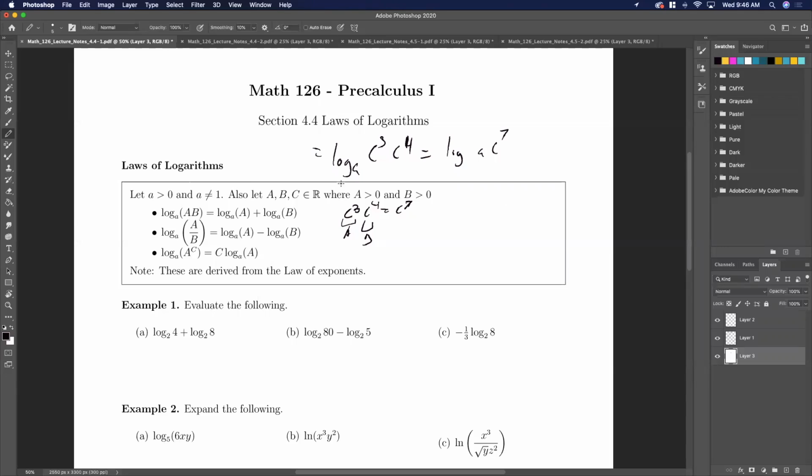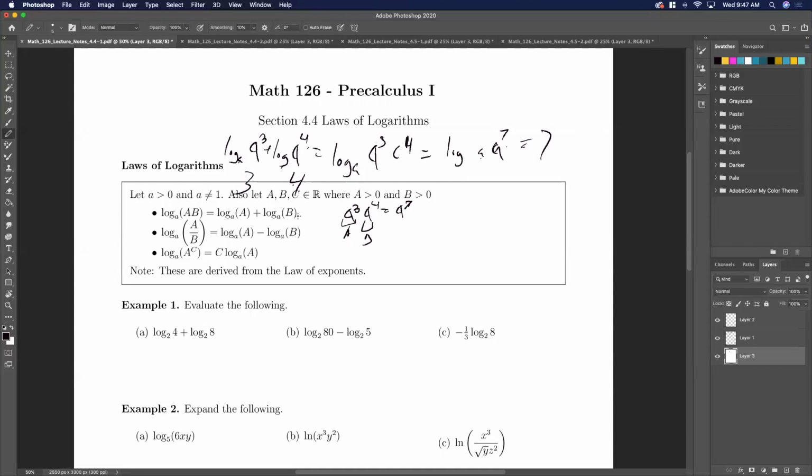But also, log base a of c to the third plus log base a of c to the fourth, these all end up being the same. It's easier to see if I go back to a, because a to the third is 3, a to the fourth is 4, 3 plus 4 is 7, and a to the 7th is also 7. That shows where it comes from.